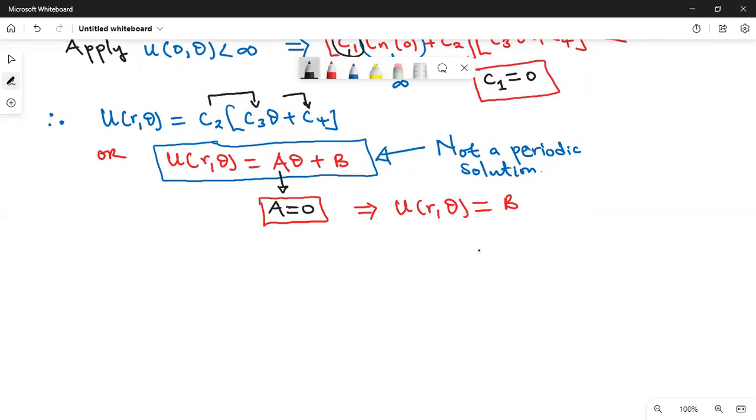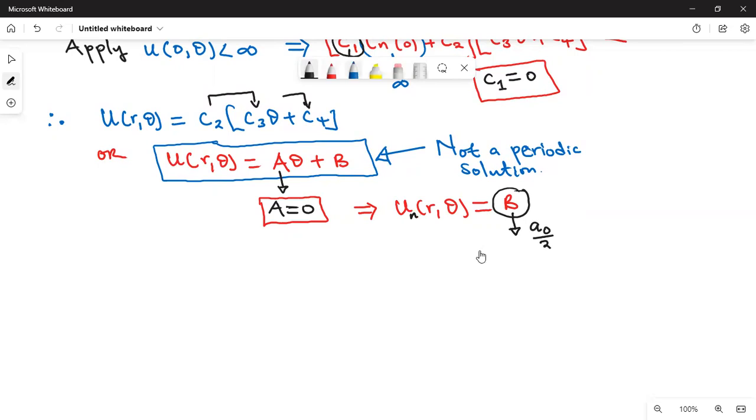If I replace B by another constant, because this is just a constant, if I replace B by a naught over 2, it is still another constant. And you see, this is the solution corresponding to the case when n is equal to 0.